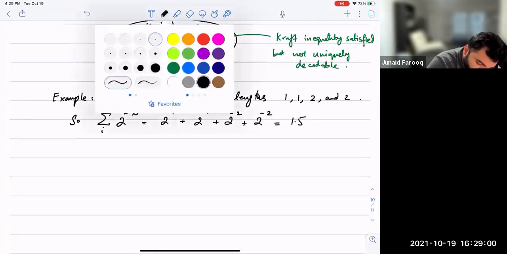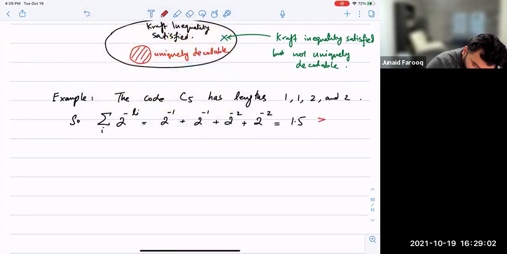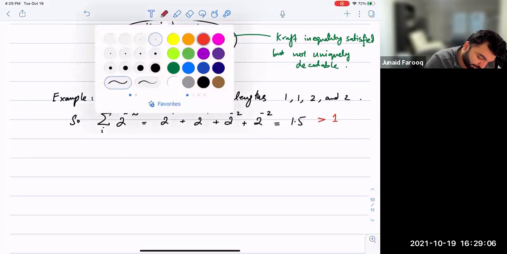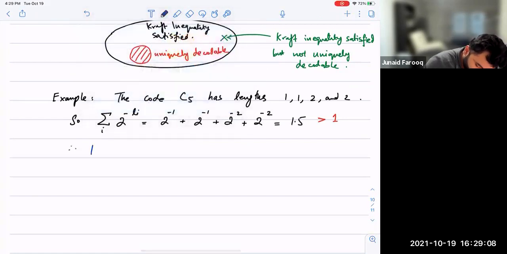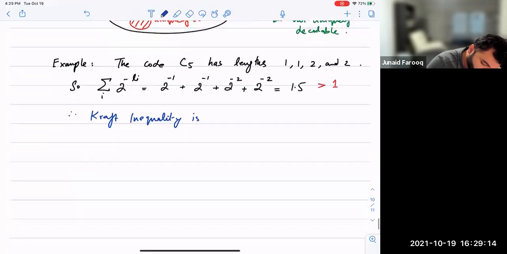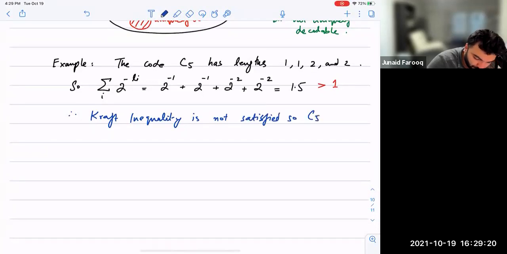Right, so it's larger than 1. So the Kraft inequality is not satisfied. So C5 cannot be uniquely decodable.